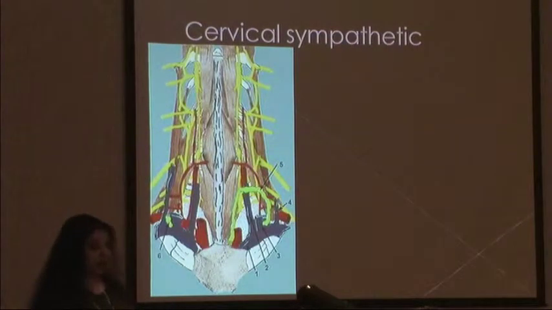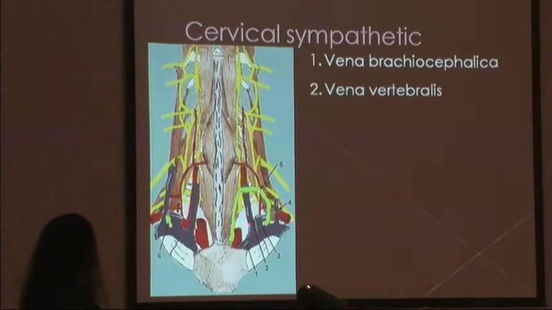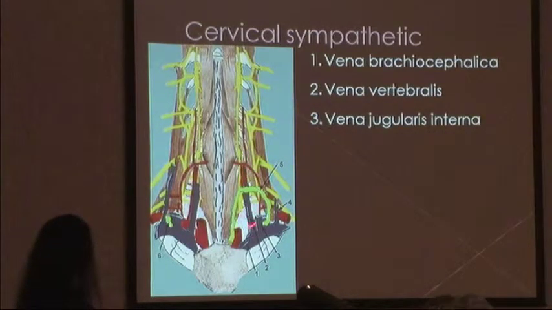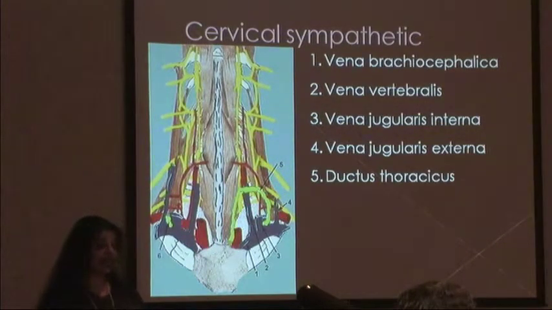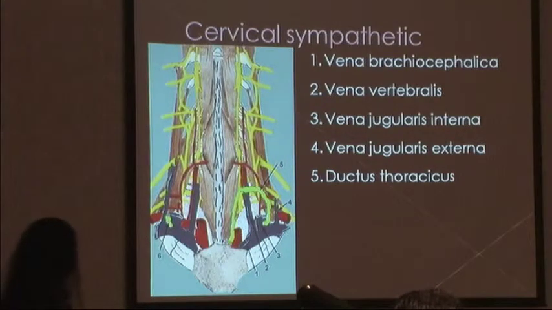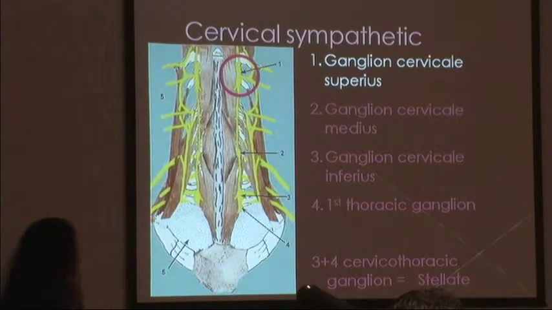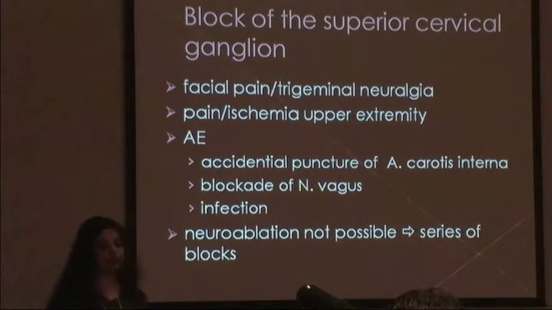Now, the problem with the blocks is that we do not have just the sympathetic chain. We have the carotid artery, we have large veins, we have the lungs, and the ductus thoracicus, which we can accidentally perforate. Now, how do we do cervical ganglion blocks? If you look at the superior cervical ganglion, you usually block that in patients with facial pain or with trigeminal neuralgia or ocular pain.